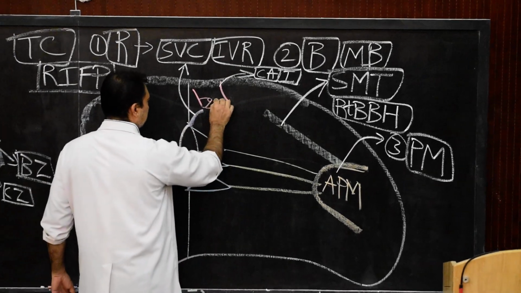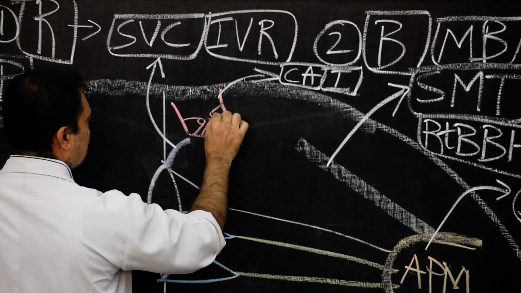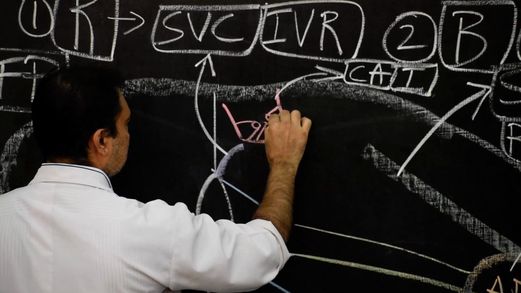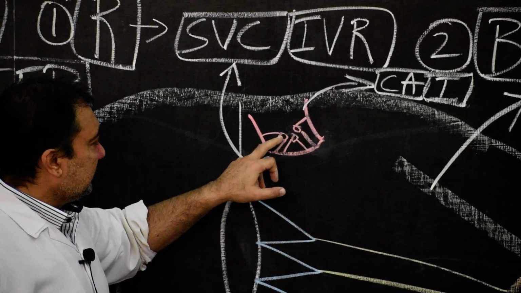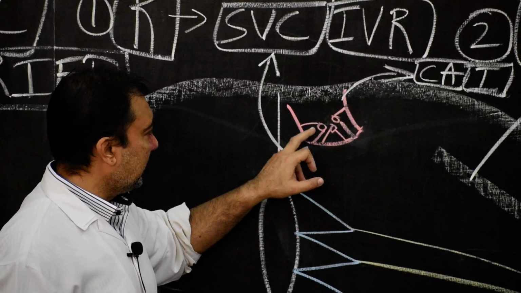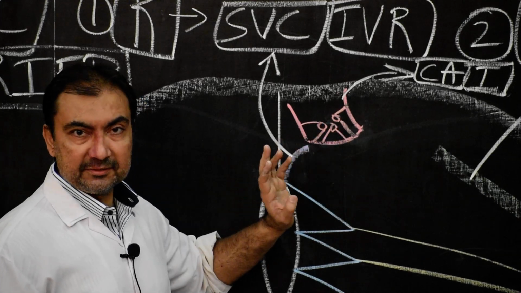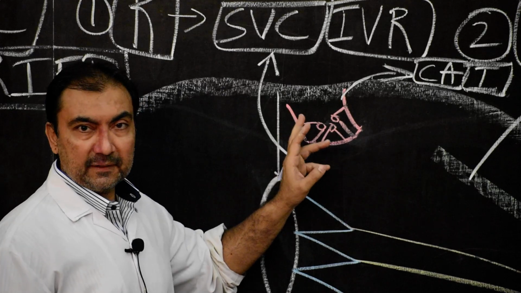So these are the 3 cusps of the semilunar valves. Very small diagram I have drawn. All the 3 semilunar cusps will have central nodule and peripheral part lunules. So this is the basic anatomy of the pulmonary orifice.